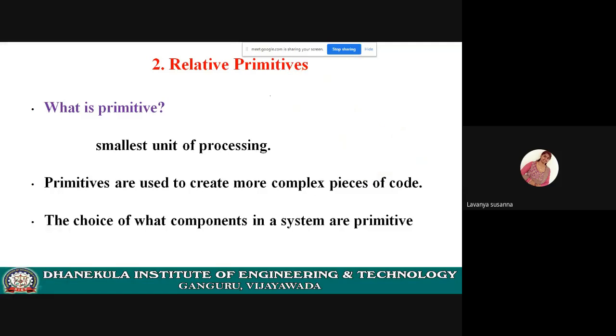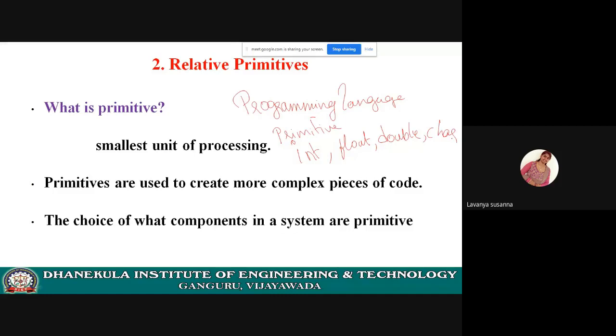In programming languages, you know the primitives. What are the primitives in programming languages? Let us take primitive data types, or basic data types. What are those? int, float, double, char.